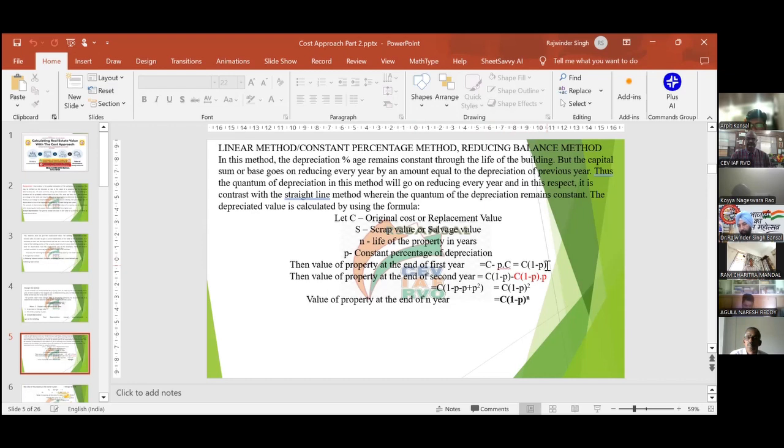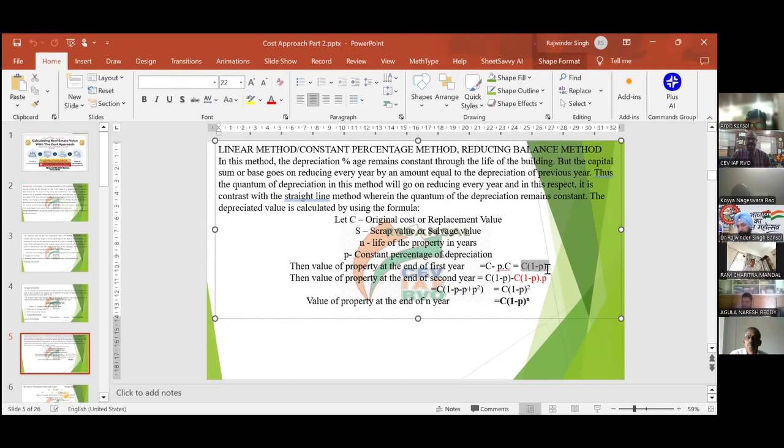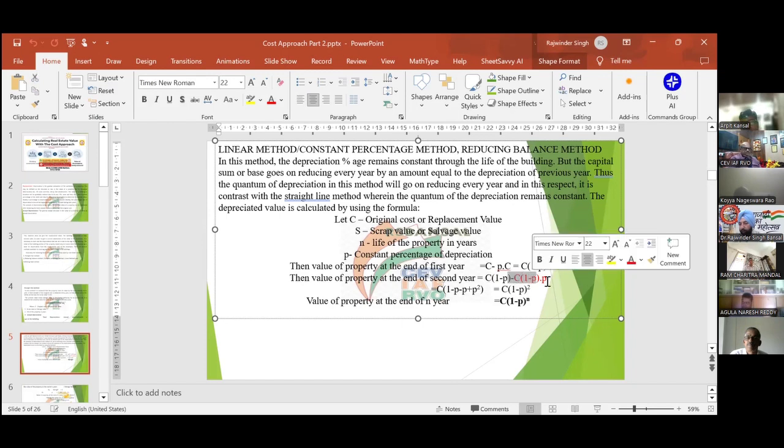And then at the end of the second year, the depreciation will be applied on this value, C into (1 minus P). So it will be C into (1 minus P) minus C into (1 minus P) multiplied by depreciation P. At the end of the second year this will be the value.